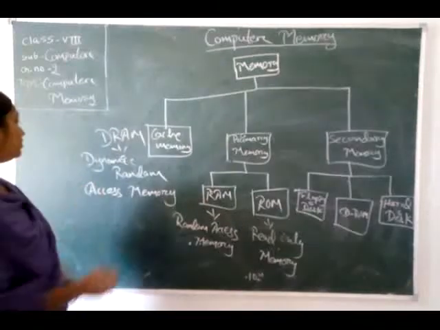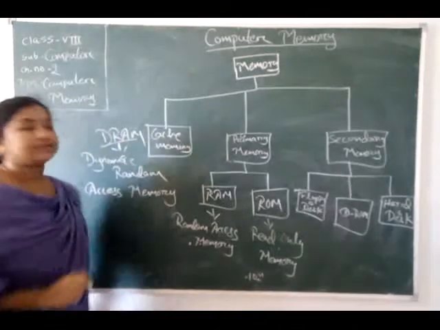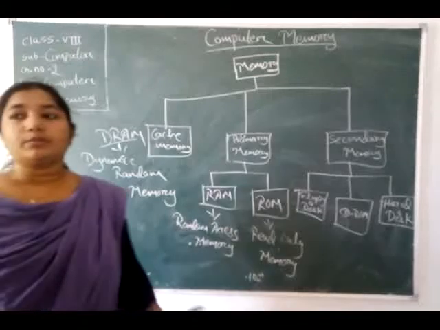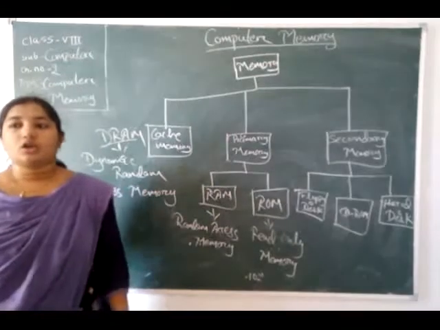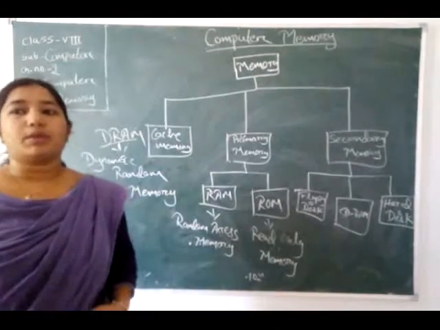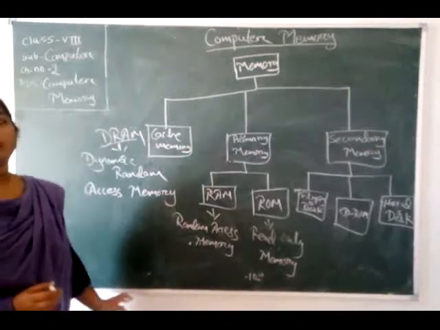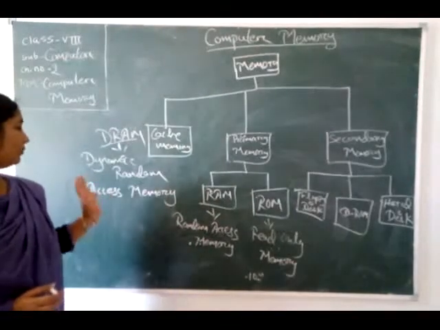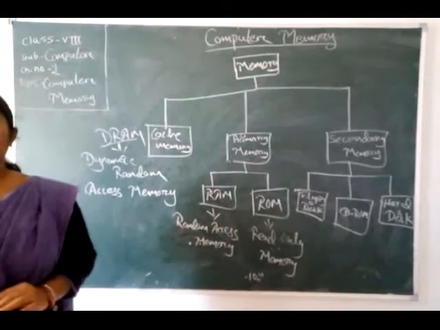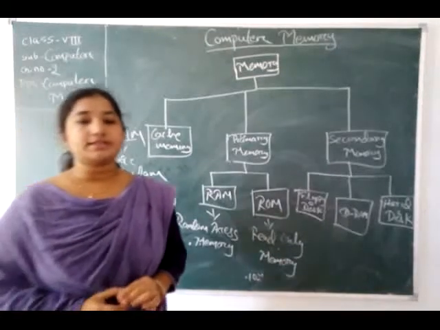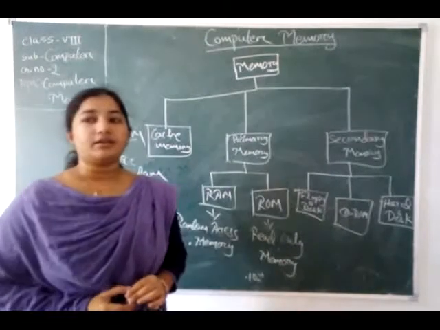DRAM stands for Dynamic Random Access Memory. It needs to be refreshed constantly and contains memory cells with paired transistors.